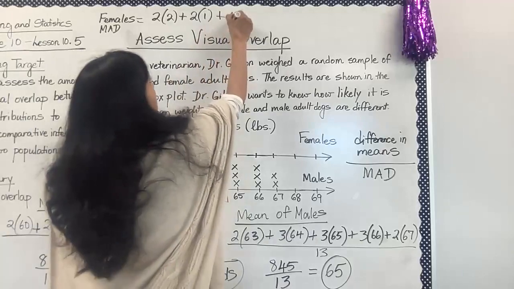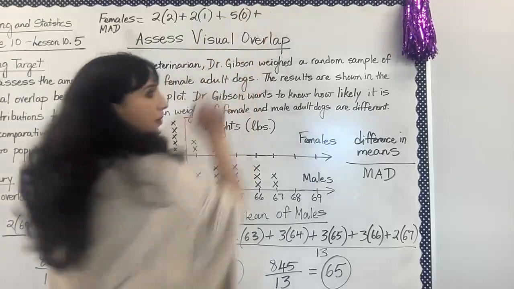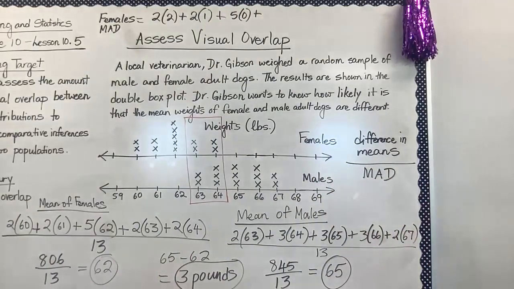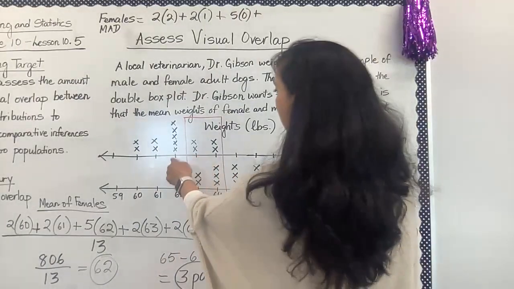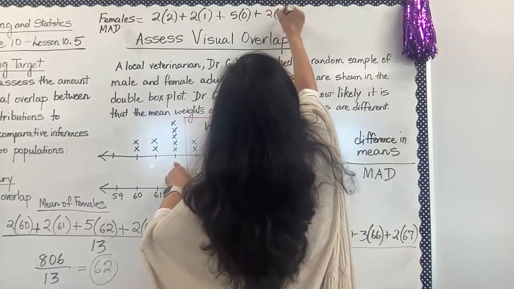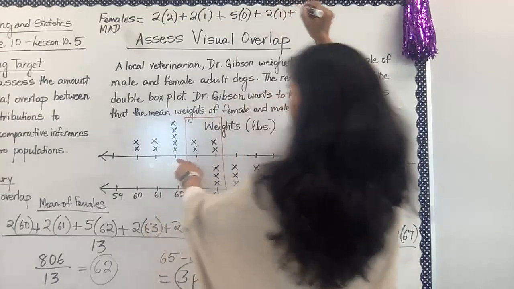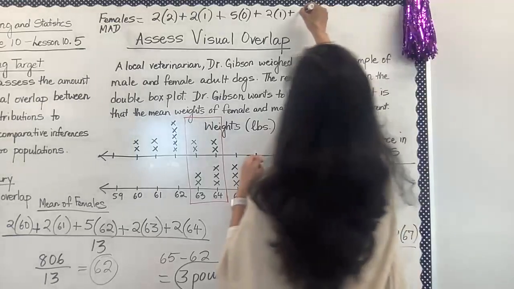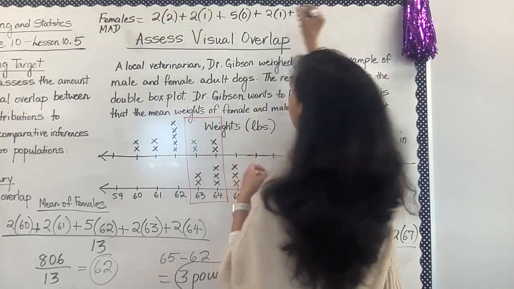So 5 times 0. And then we have two numbers that are 1 away, so 2 times 1, plus two numbers that are 2 away.